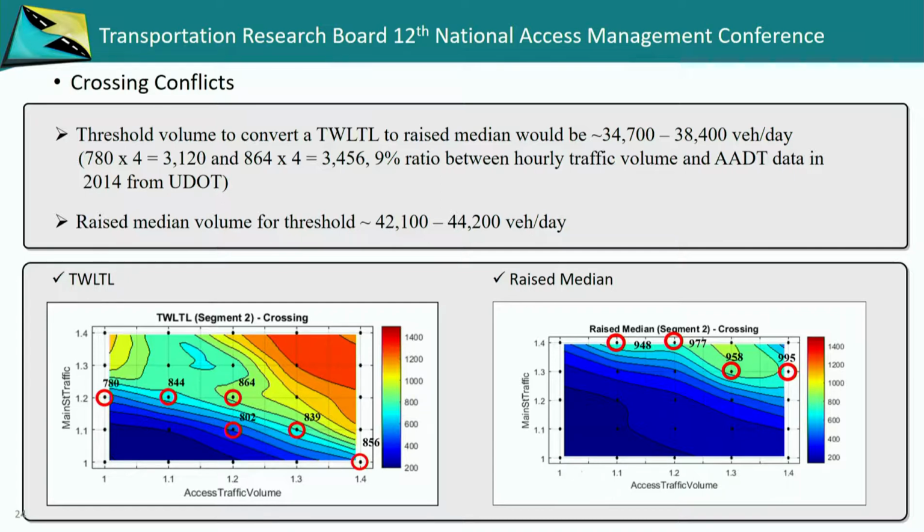And then the next threshold that we looked at was when we hit into that red. When we get up over about 44,000 vehicles per day, we should really even be thinking of something beyond raised median. Maybe we've got to look at grade separation, something of a higher nature. We didn't actually dig into that a whole lot, but it was interesting just to see what those results came out to be.